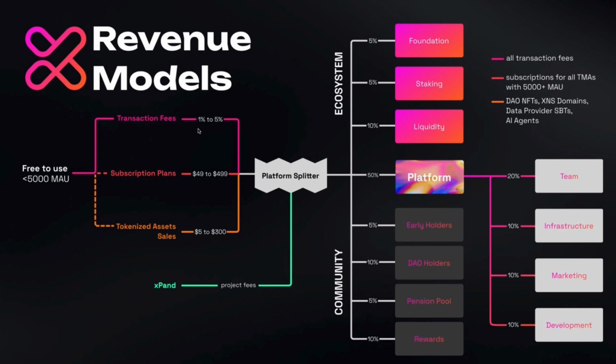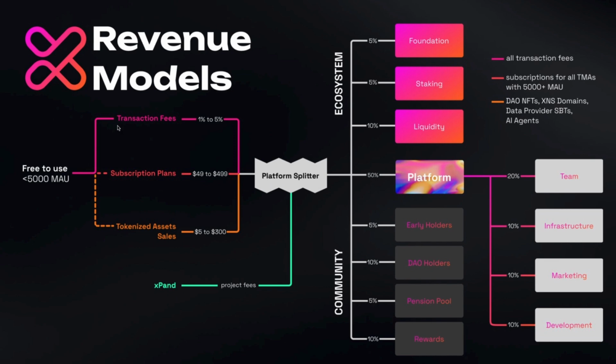Whether you are buying an NFT ticket, it's free to use, by the way. So whether you are buying an NFT ticket, an NFT aura ticket, or a tokenized piece of real estate on our flagship marketplace, or deploying a mini app, the fees, from 1% to 5% depending on the activity, will be charged.